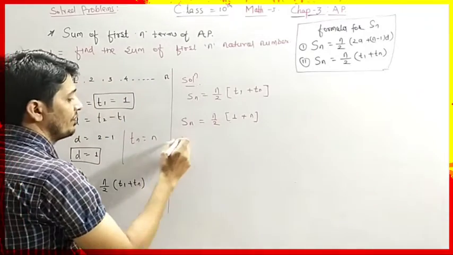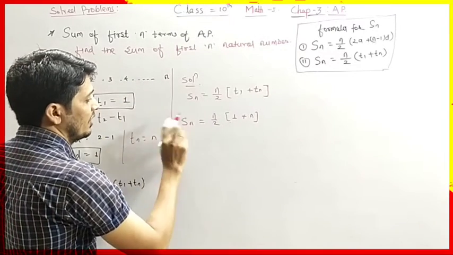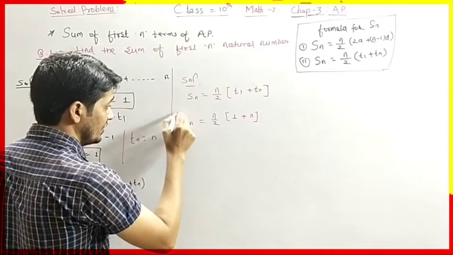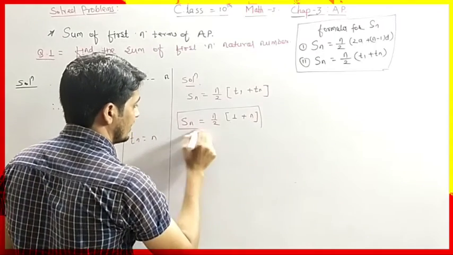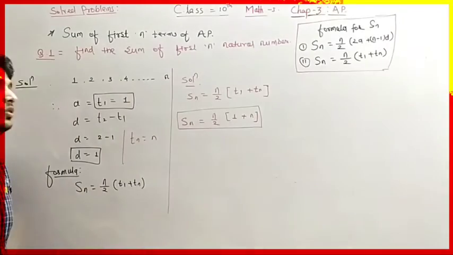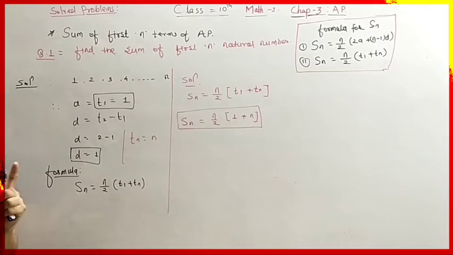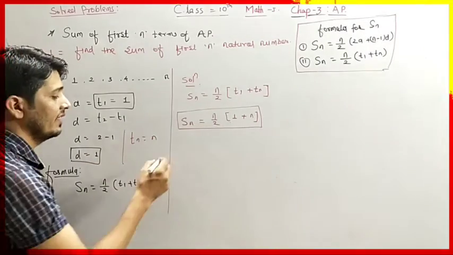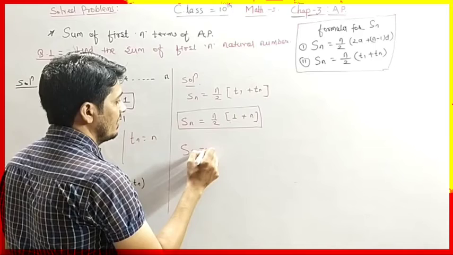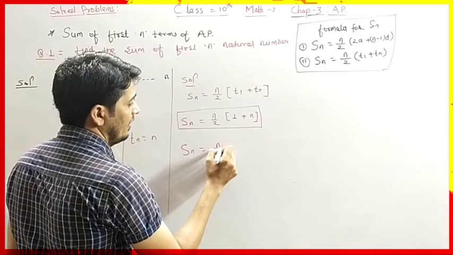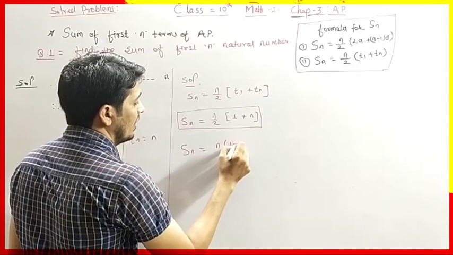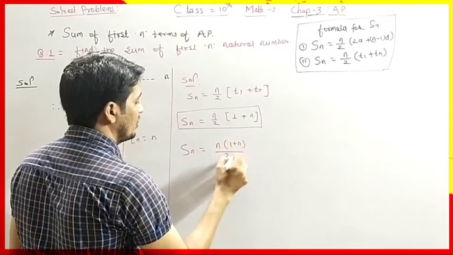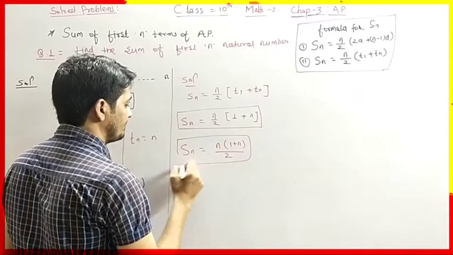Okay, so this is nothing but our solution. So this is our answer. The sum of first n terms is n divided by 2 into 1 plus n, or we can write it as n into 1 plus n divided by 2. Okay, it is our answer.